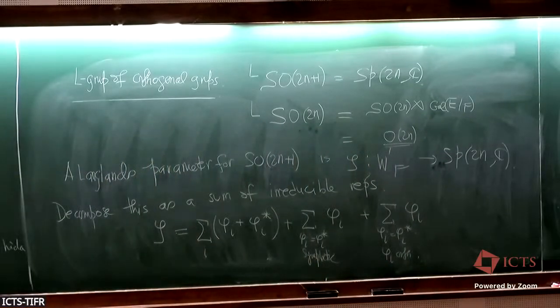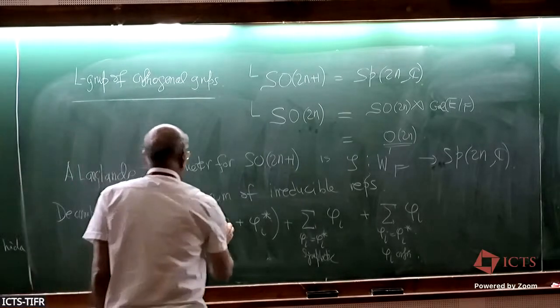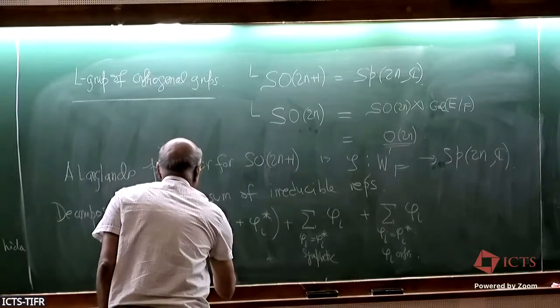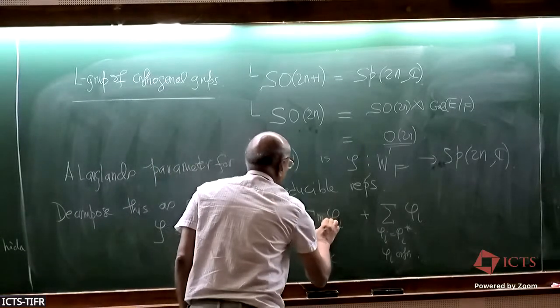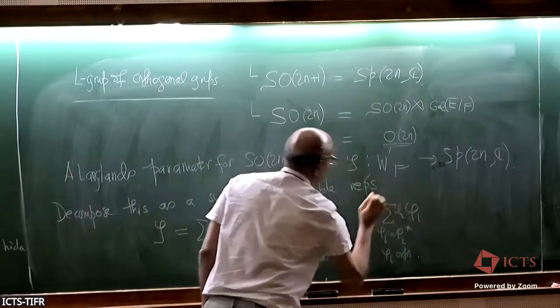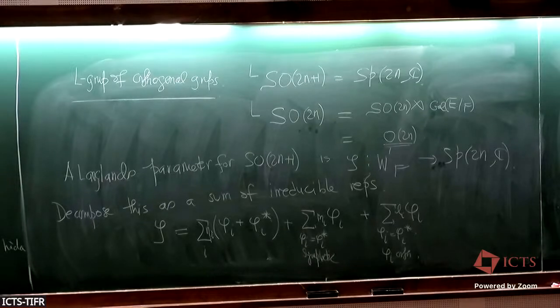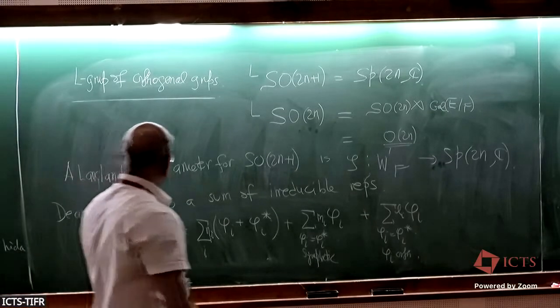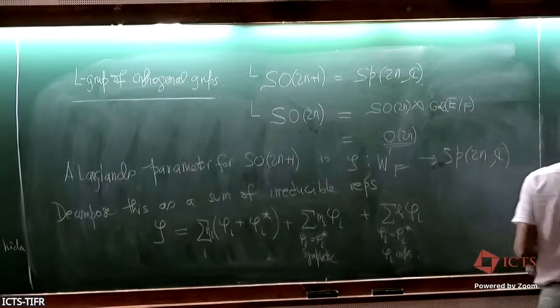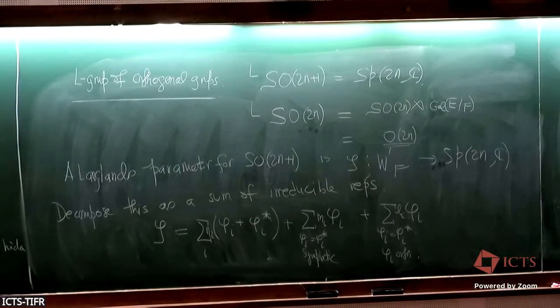So this you have written as a sum of irreducible representations. And now let us put some multiplicities, N_i, M_i, L_i. So any completely reducible representation inside Sp(2n, C) is a direct sum of this kind. And now we want to look at what is the centralizer of this representation inside Sp(2n, C).